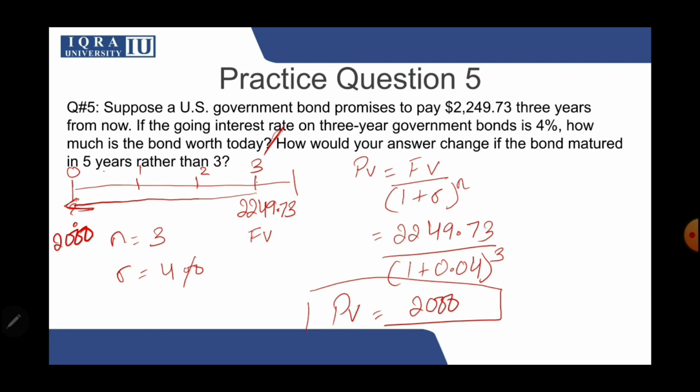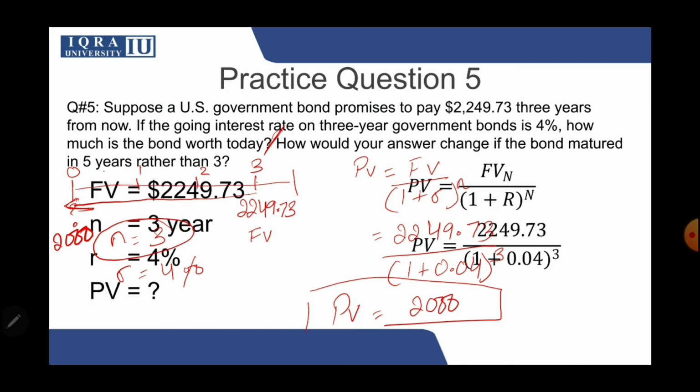Now we will solve the remaining part of the question. How would your answer change if the bond matured in 5 years rather than 3? So your n is going to change from 3 to 5.